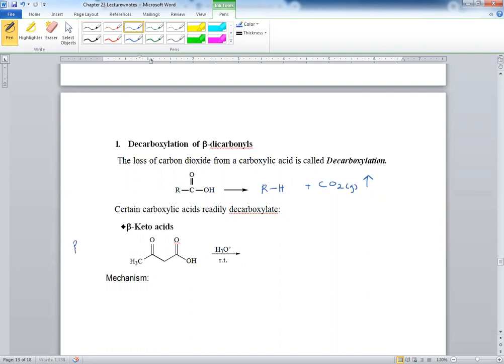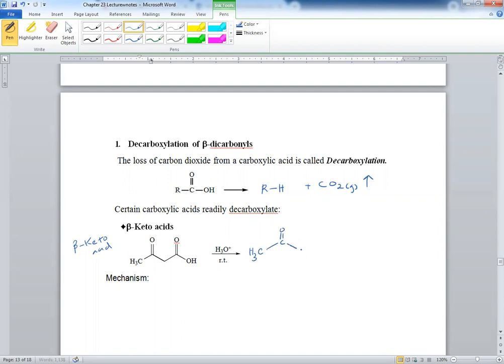This is called a beta keto acid. You have a carboxylic acid, then you have a ketone attached at the beta carbon. So this is the alpha, this is the beta. The product of this would give you a ketone.